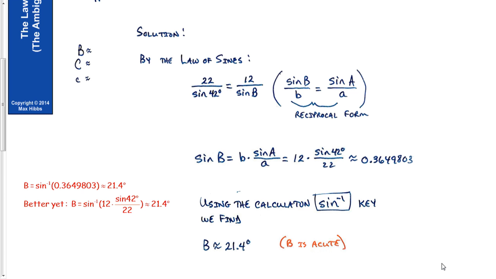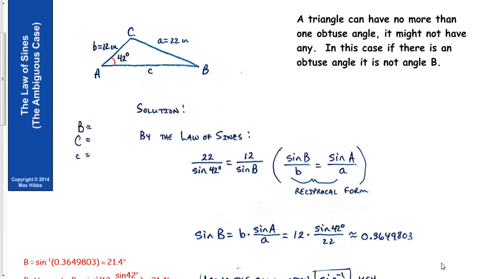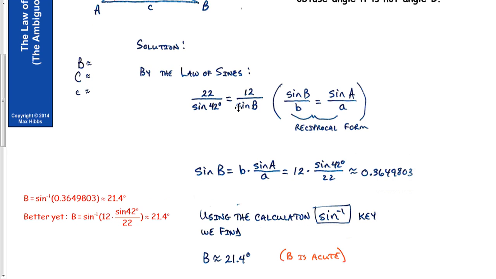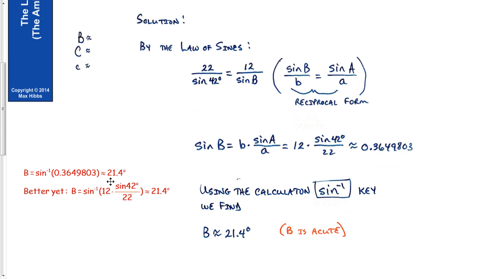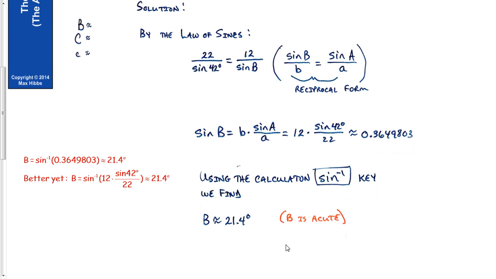Now, I need to also point out, like I started to say, that from our original problem, we know that angle B is smaller than angle A because of the relationship of the sides. And so that means we know angle B has to be an acute angle, and so the inverse sine function calculated that properly for us. It is an acute angle. We knew it couldn't be obtuse.